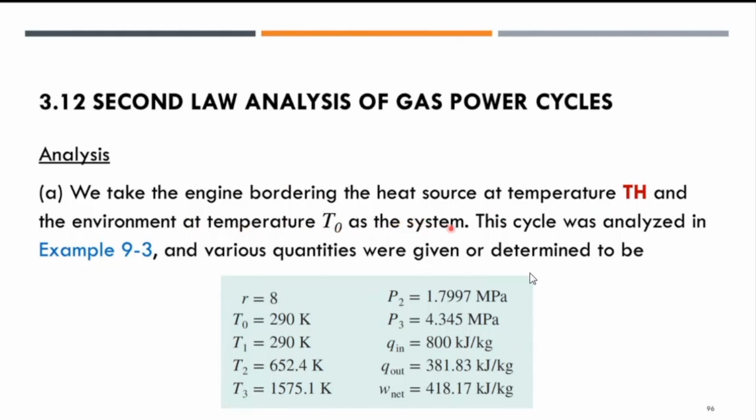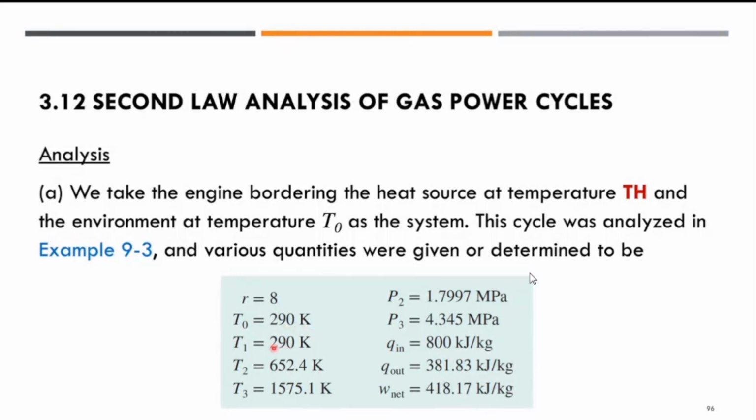This cycle was analyzed in example 9.3 actually, the Otto cycle, and the various quantities were given or determined to be as follows. It is given the compression ratio of 8, temperature T0 at 17 degrees Celsius, so you convert into Kelvin, it comes to 290 Kelvin.